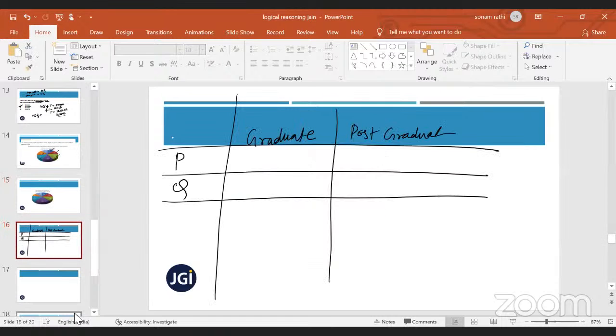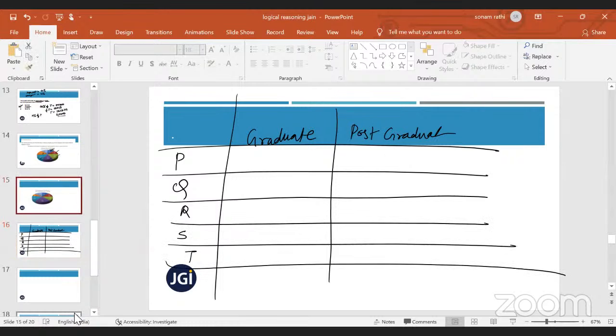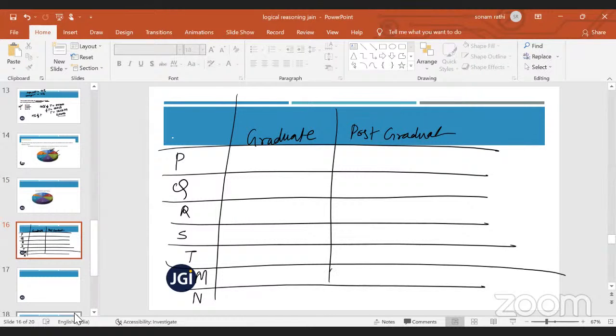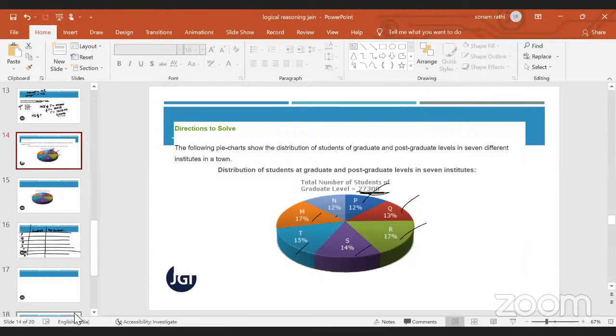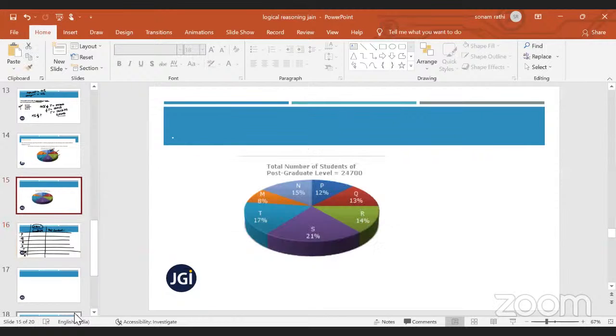P, Q, R, S, T, and M and N. Okay, so let's say this is M and this is N. Graduate total is how much? 27,300. This is given to me as the total. And what is the postgraduate total? 24,700.